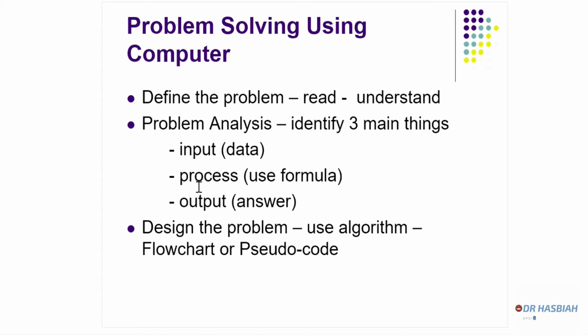Then what is the process that you have in that problem, either you have to use a formula, or you have to see the problem. And then what is the output. So you have to identify input, process, and output. Sometimes we call it IPO.